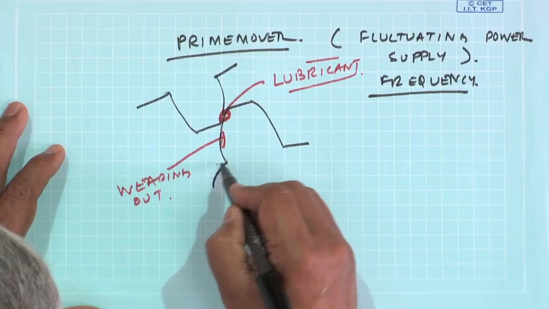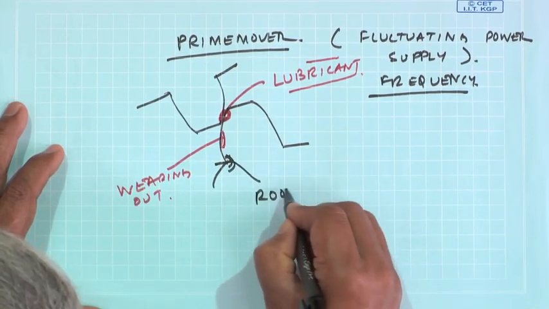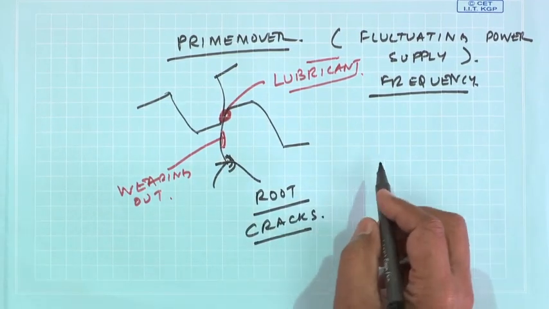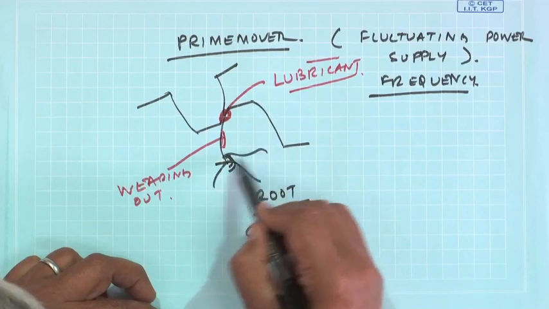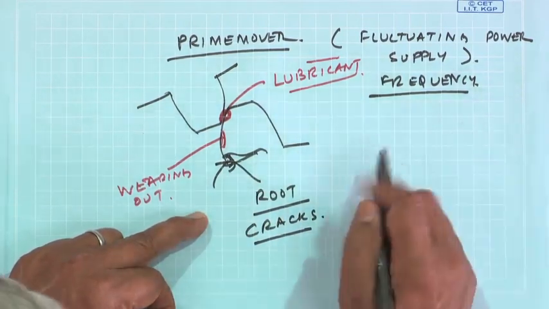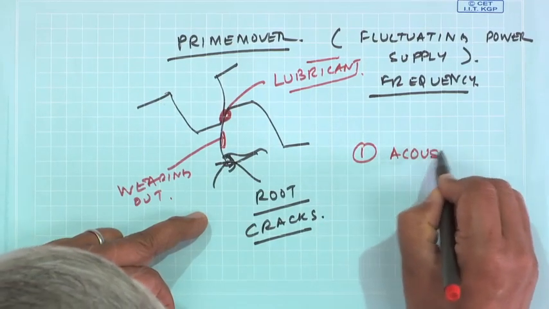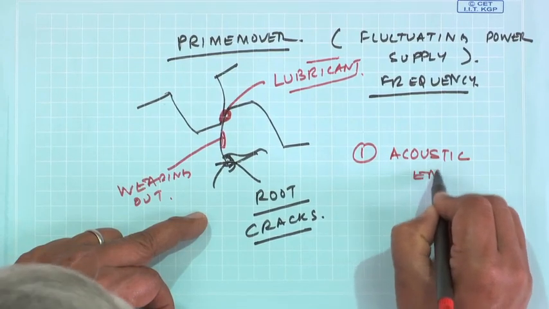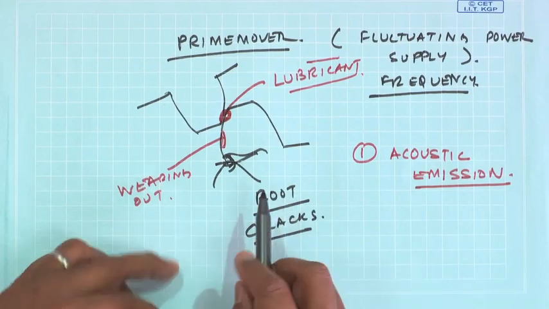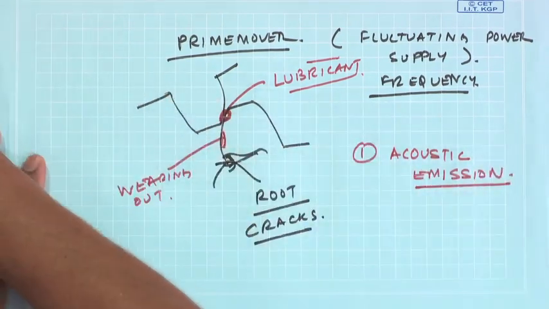And if you look at the stresses here, the stresses are at the maximum at the root. So, there could be cracks which can develop, and if these go unnoticed, eventually they may fail. So, another new technique people have used is something called acoustic emission, which I am going to discuss in a later class, that is how acoustic emission can be used to find even defects in gearboxes.